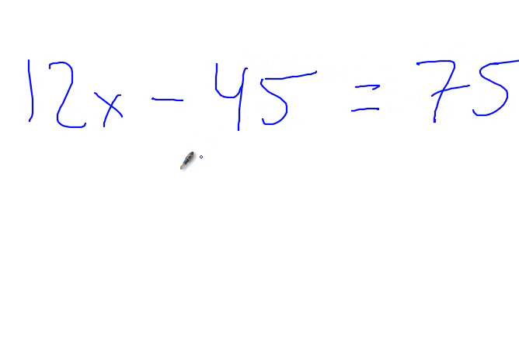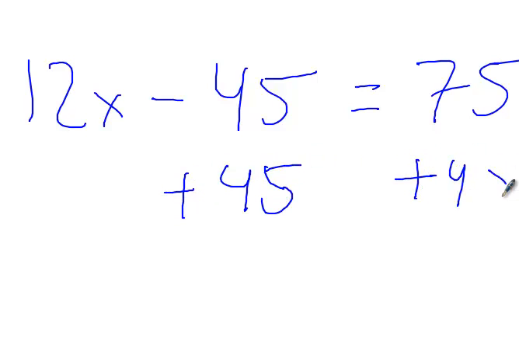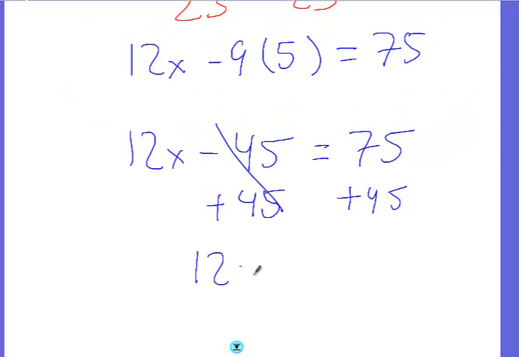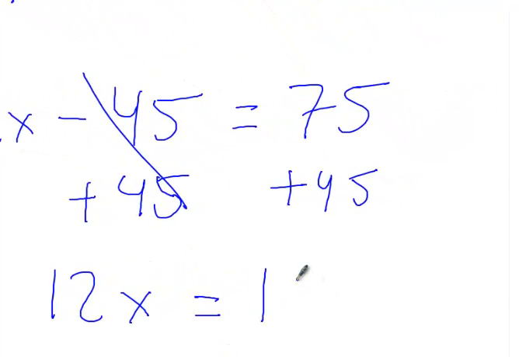All right, so it's going to become 12x minus 45 equals 75. Add 45, add 45. Those cancel, and you get 12x equals 120.